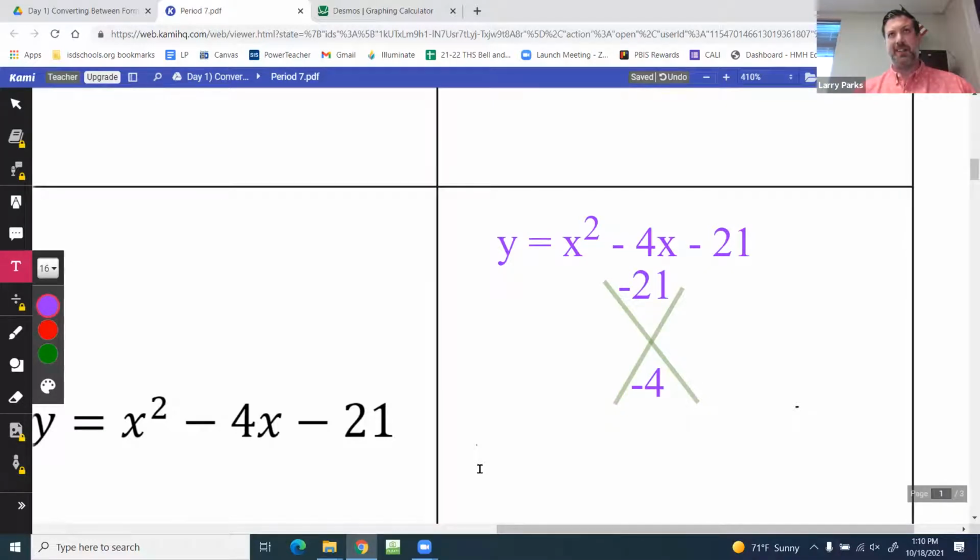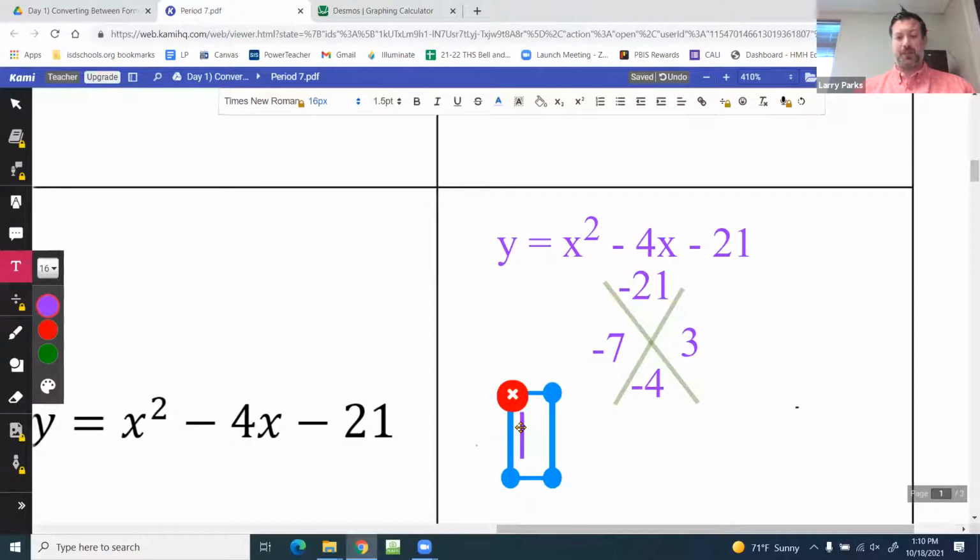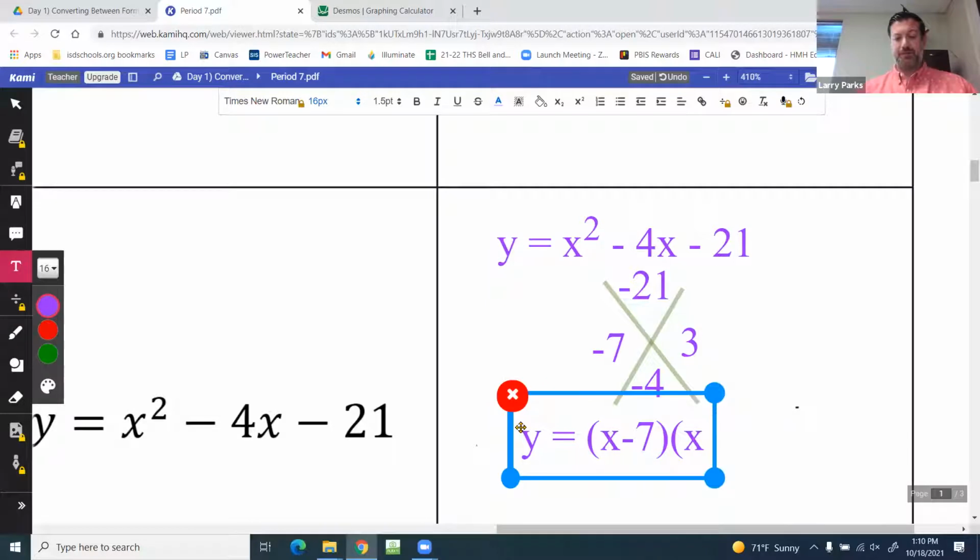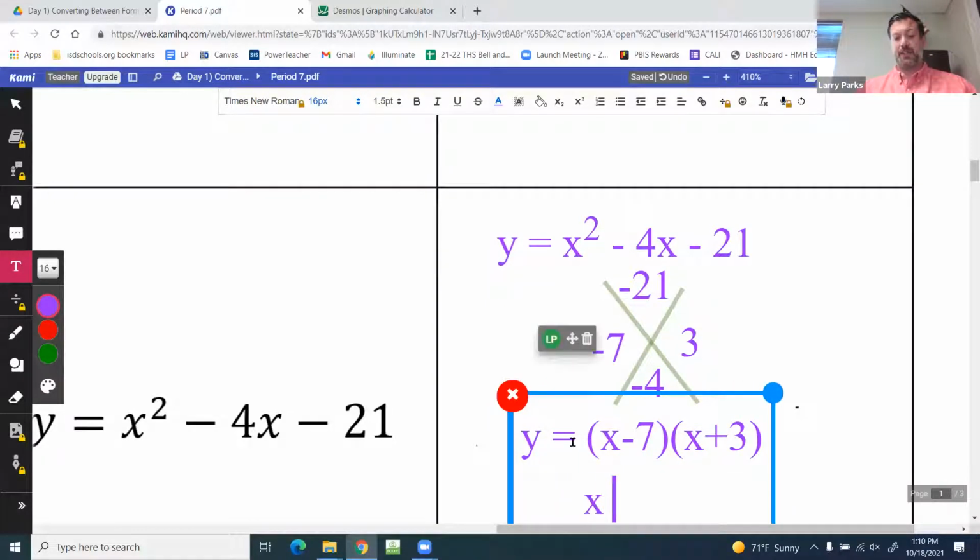And that would be negative 7 and 3. So then I get my factored form, y equals x minus 7 and x plus 3. So that means my x-intercepts are x equals 7 and x equals negative 3.